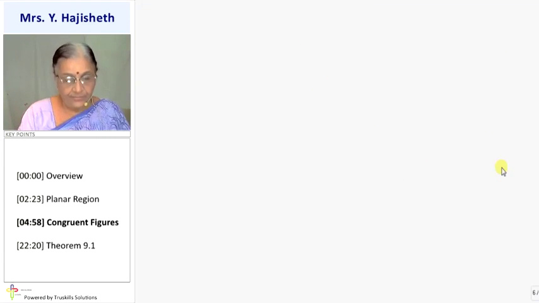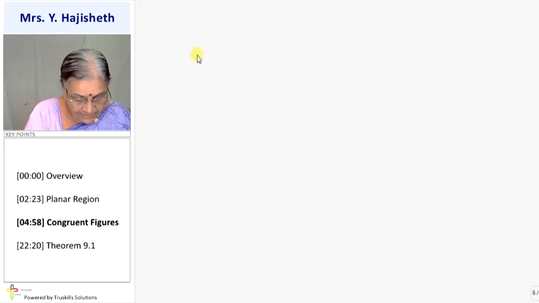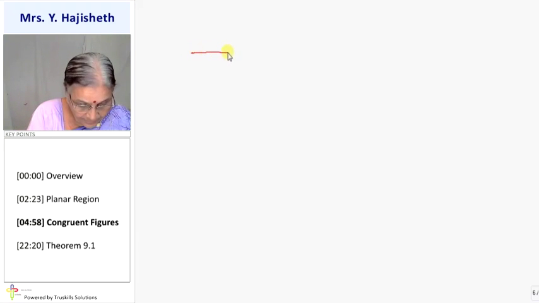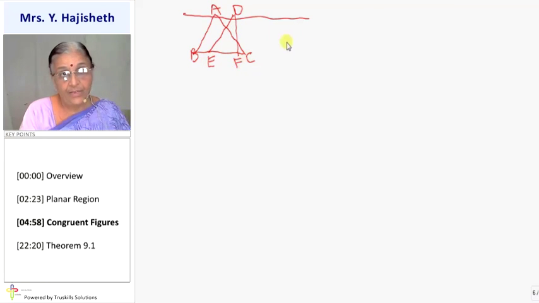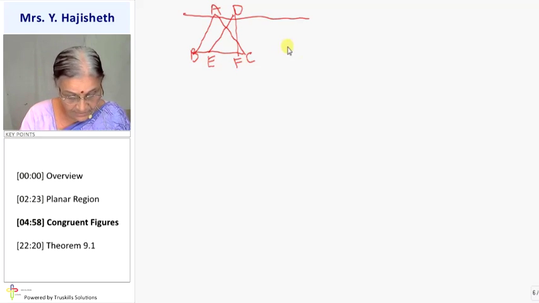Now see this figure. Now I construct B, C, A, and this is D, E and F. You can see two triangles, right?